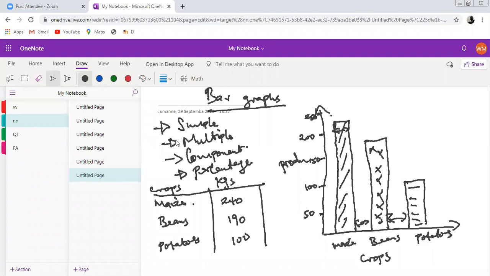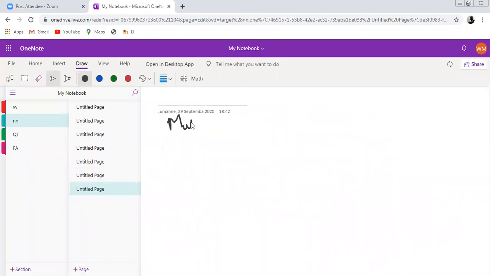We can have now another case, a multiple bar graph. Maybe you are given these: 2001, 2002, and 2003.